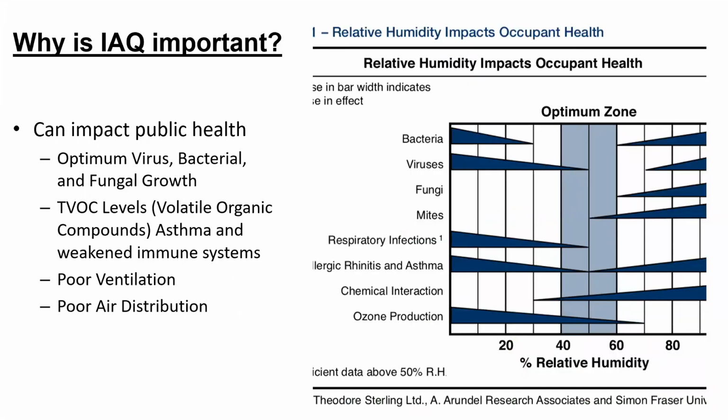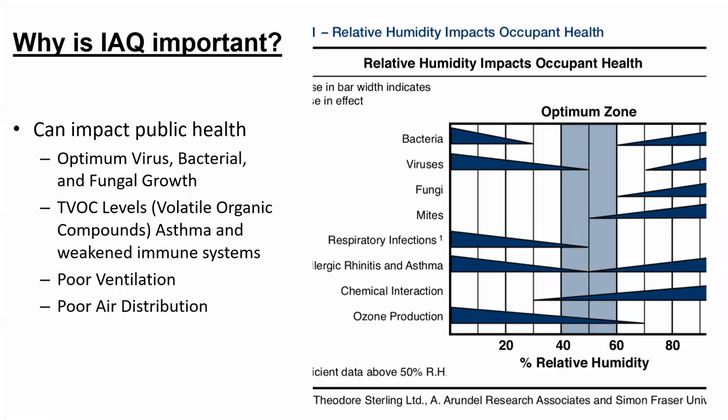Studies show that relative humidity has a direct impact on occupant health, and the sweet spot is around 40 to 60% relative humidity, where the growth of viruses, bacteria, and other particles is almost minimized.